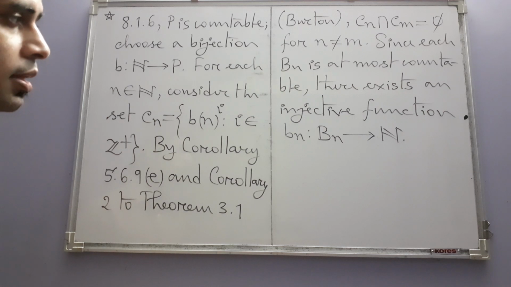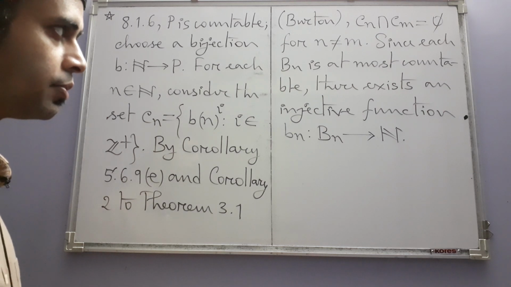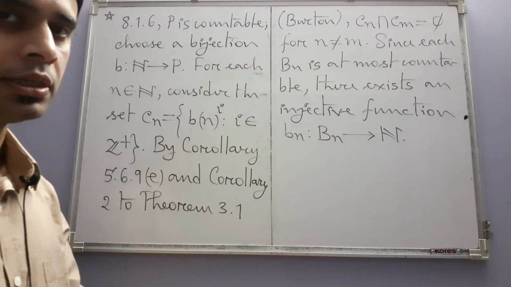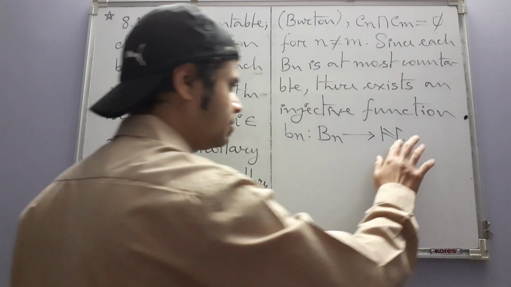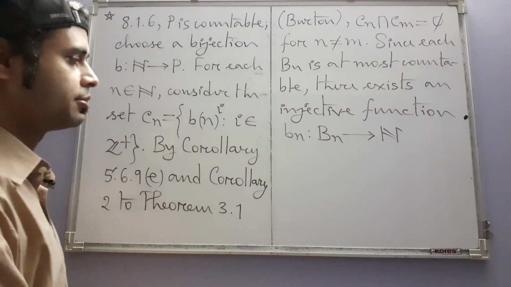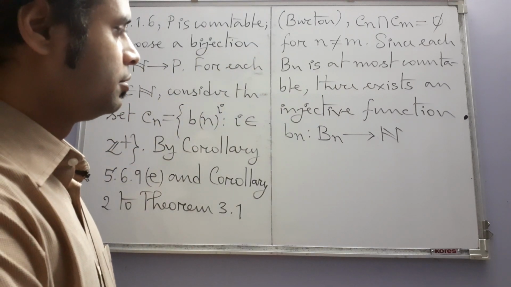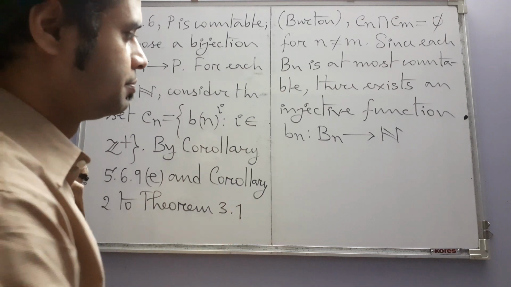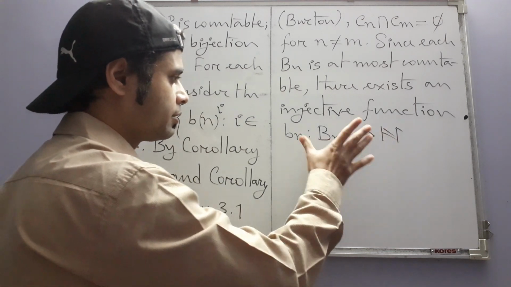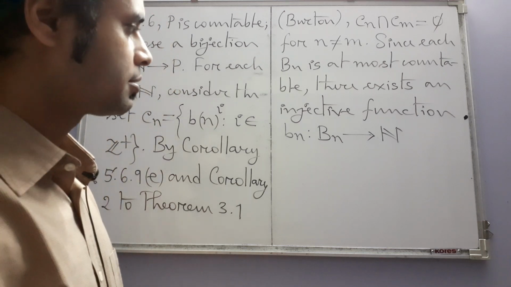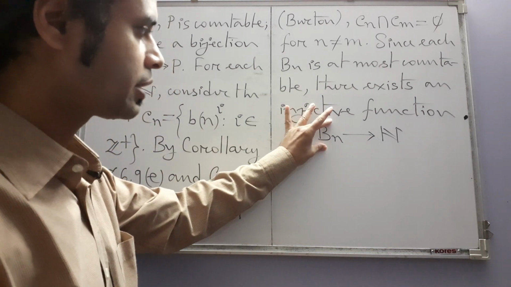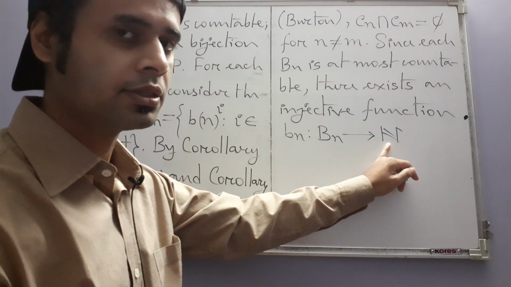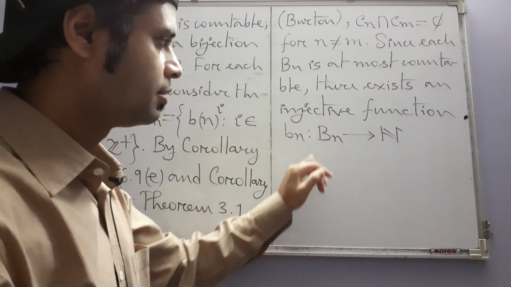Now we are further going to define some functions from each Bn into Cn, but before that I need to mention something else also. Note that the result we are using here says that due to the at most countability of Bn, such an injective function exists.